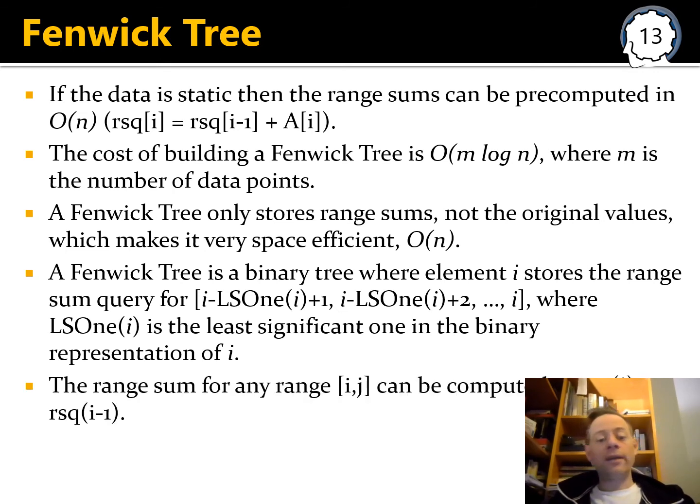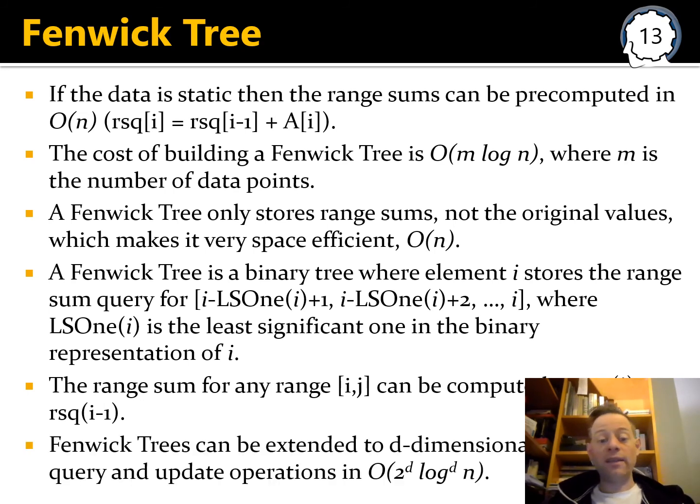And then we can compute the range sum for any range using this data structure. And this data structure can also be extended to d dimensions, so that we can deal with an arbitrary number of dimensions. And then we get a computational complexity of 2 to the power of d times d logarithm of n.